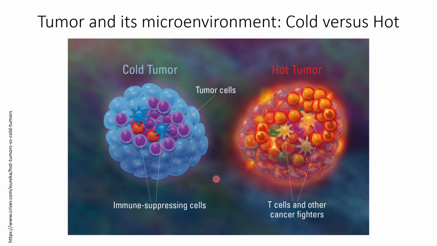So you want to convert a cold tumor to a hot tumor that attracts a lot of immune cells, causes a lot of cell death, and then there's this feedback that sets up a loop of killing cancer cells, calling more immune cells, killing cancer cells, calling more immune cells until you get rid of that tumor completely and have a memory of that tumor stored as well in case the tumor tries to grow again in the body.